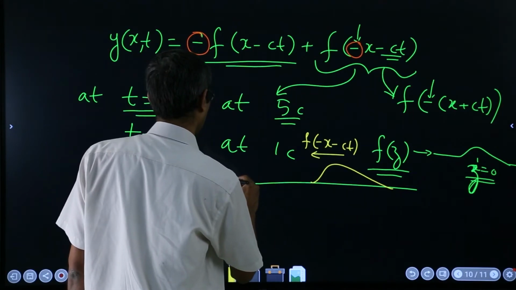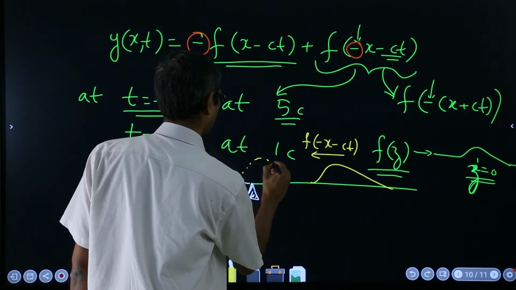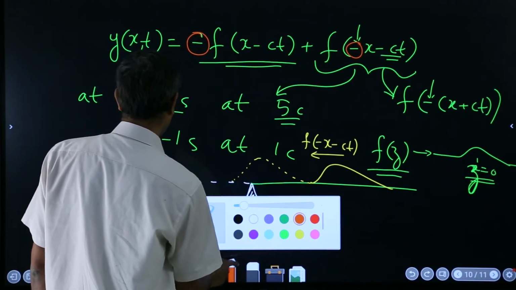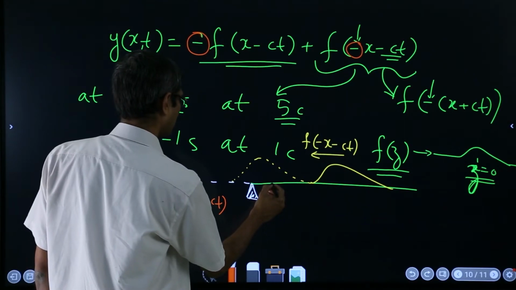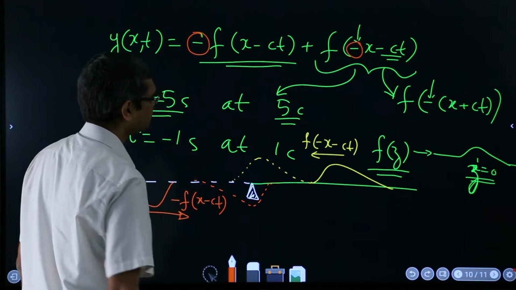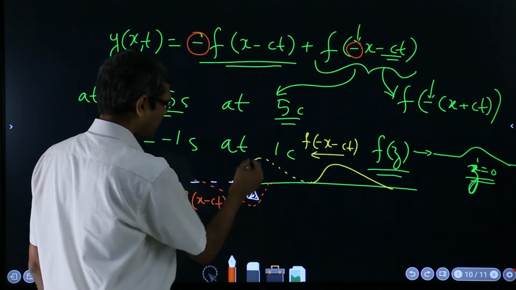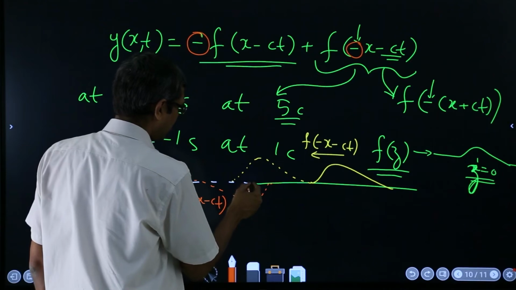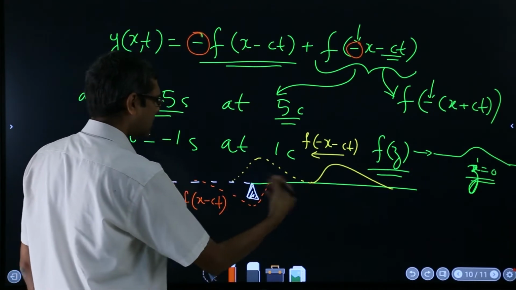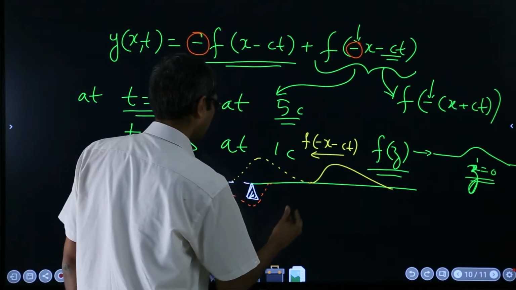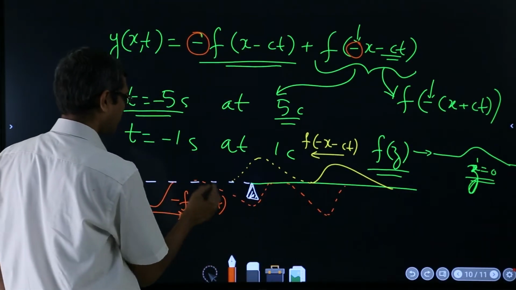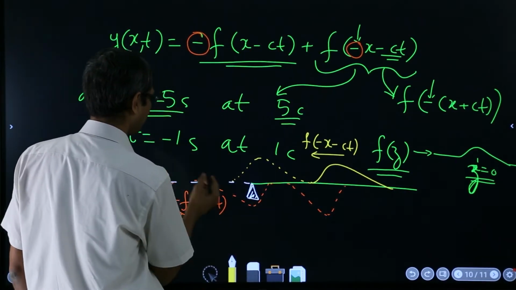Say a certain time here, like this, and at that time this was here somewhere, like that. But whatever may be the time, at this location they cancel out each other, okay, and after certain time this one will come here and this one will just vanish in this form.